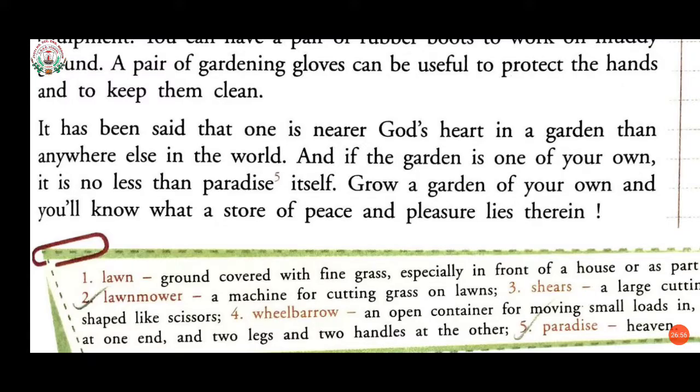So students, at last, in the last paragraph, we came to an end, and it is given that we can reach God's heart by a garden, as it is a place not less than paradise. And what is paradise? Heaven. So try to grow a garden of your own and you will find a kind of peace and pleasure when you see the flowers and fruits in it.